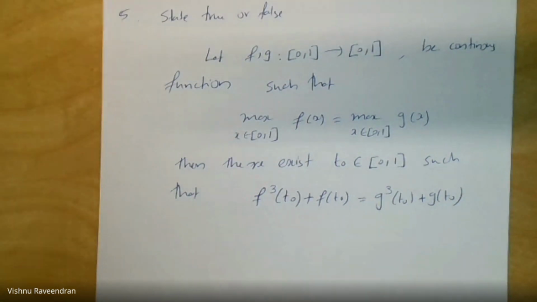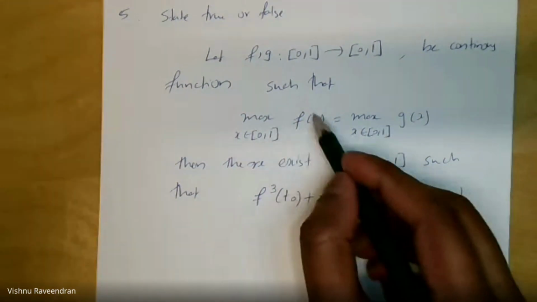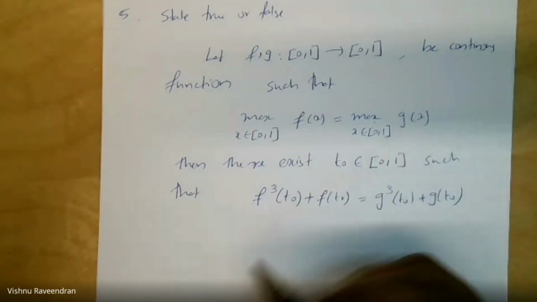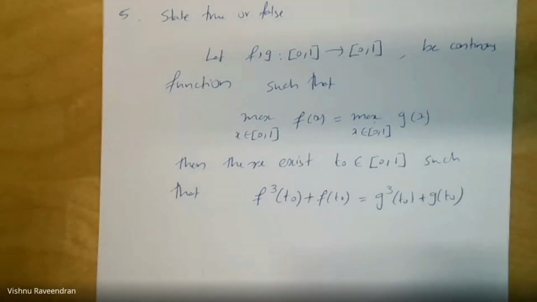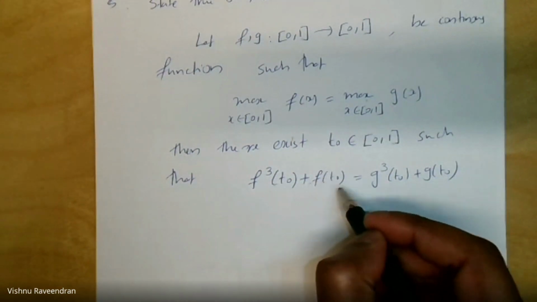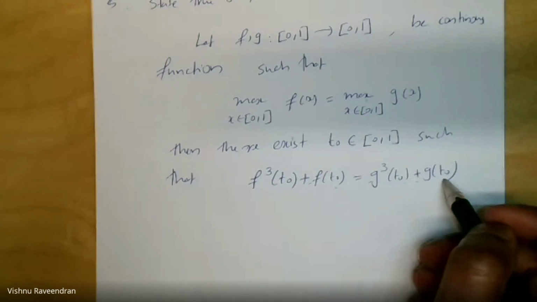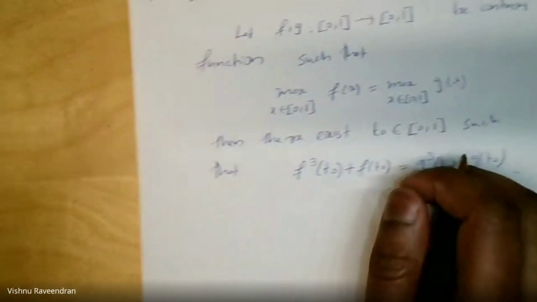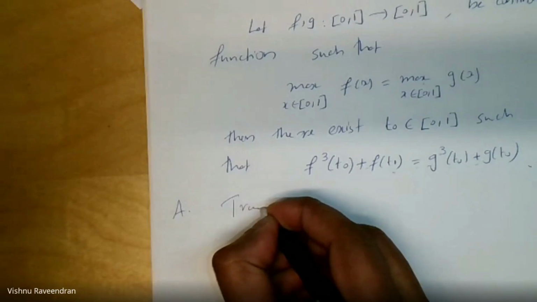So we have two continuous functions f and g defined on closed 0, 1 to closed 0, 1, and the maximum of f and maximum of g are equal on that interval. So the question is, is it true that f cube t naught plus f of t naught equals g cube t naught plus g of t naught? True, sir. Yeah, it is true.